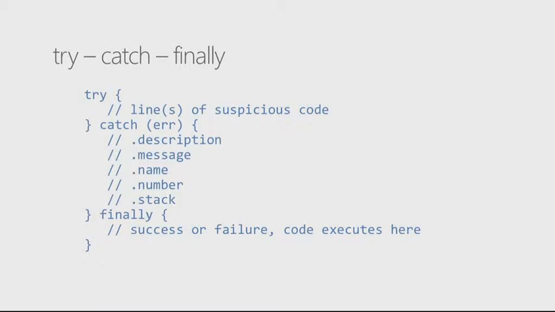Syntax, you're going to have it caught right away. Usually, for example in Visual Studio, it's going to report it immediately the moment you try to run it, if it's a syntax error like VARR, which is not a keyword. But it's not going to know at design time or when you're attempting to run it if the line of code will succeed in grabbing that data, or if you're going to misuse the data in some way. So going back to the try, catch, finally, that's what we mean by line or lines of suspicious code.